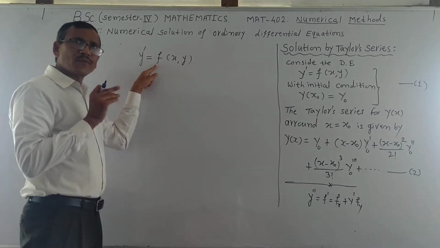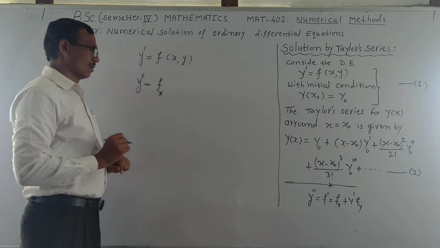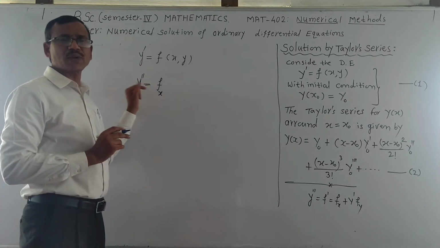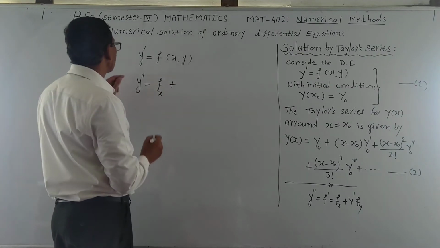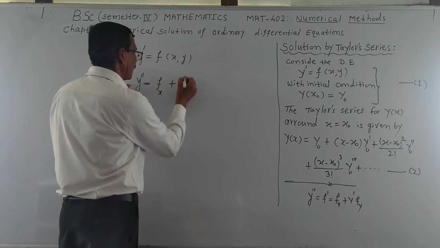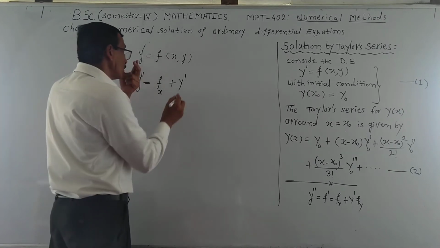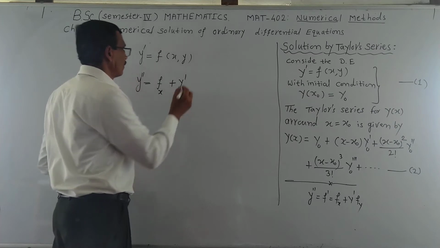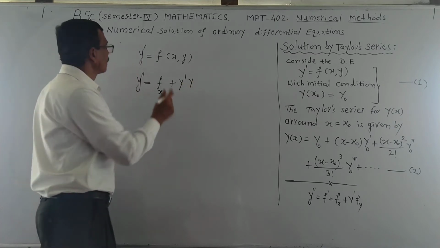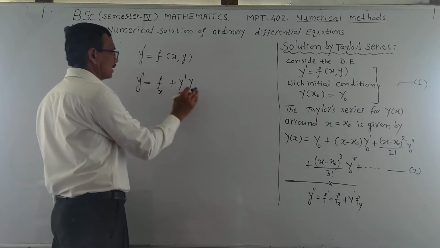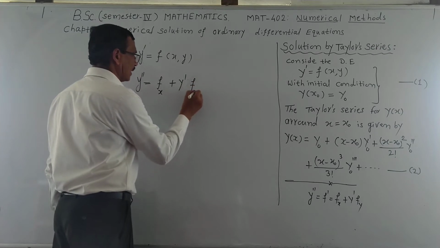Derivative of f with respect to x we denote as f of x, into derivative of x with respect to x, which is 1, plus y dash into derivative of y with respect to x. But y dash is f, so we consider the derivative of f with respect to y.